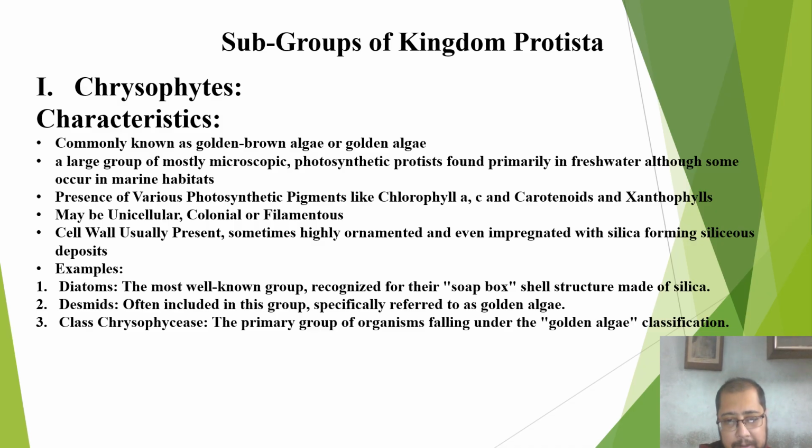They form the basis of the marine food web. Often they're abundant in marine habitats, unlike most of the others like desmids, which are primarily found in freshwater habitats. And the diatoms store their reserve food as oil.